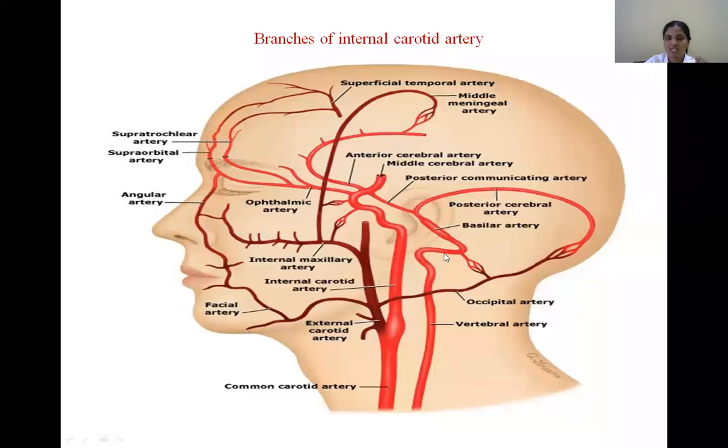You see in the vertebral artery how the basilar artery is formed. So this anastomosis among these branches establishes a collateral circulation, again, this is a branch from the subclavian artery. So between this subclavian artery branch, that is nothing but the vertebral artery, and the internal carotid artery, there is a collateral circulation.